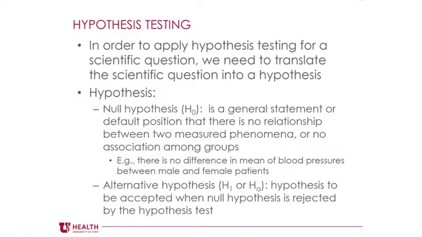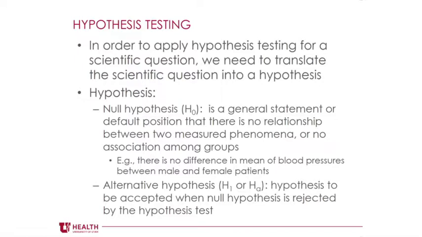The first type is called the null hypothesis, usually denoted as H sub 0. The null hypothesis is a general statement with the default position that there is no relationship between two measurements or no association among different groups.